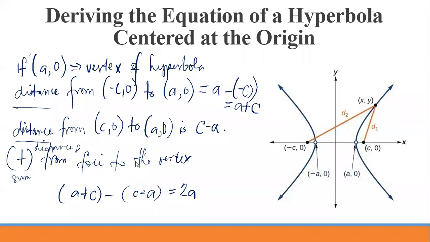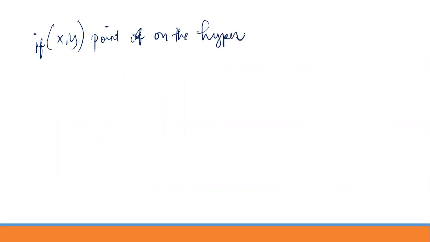Right? And tutuloy natin sa kabila. So if this point (x, y) is a point on the hyperbola, we can define the following variables.